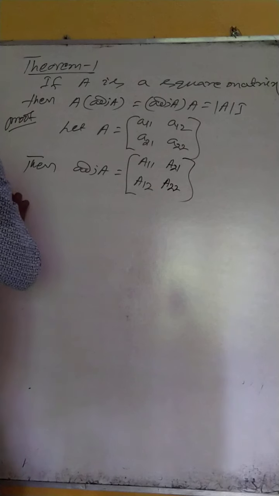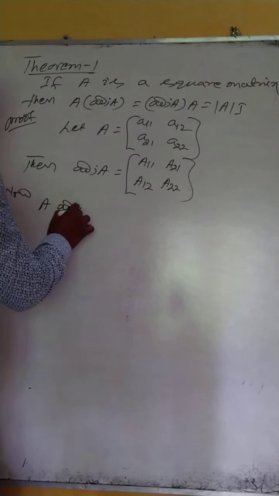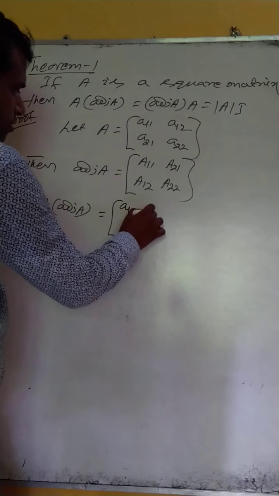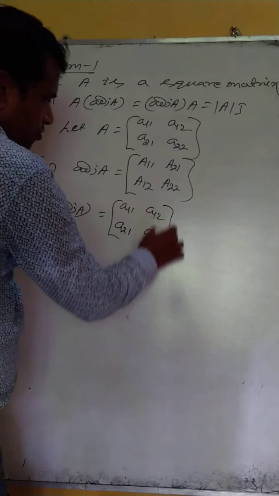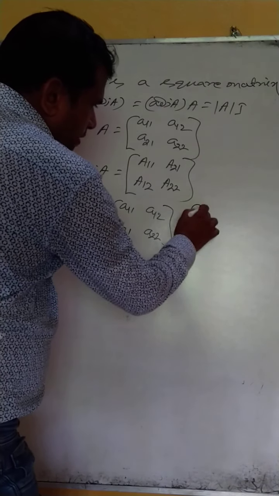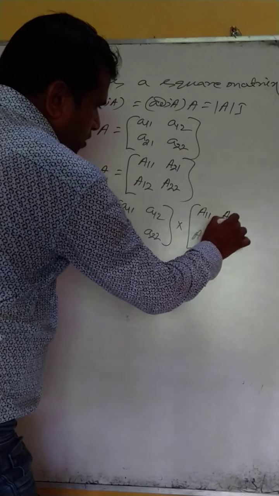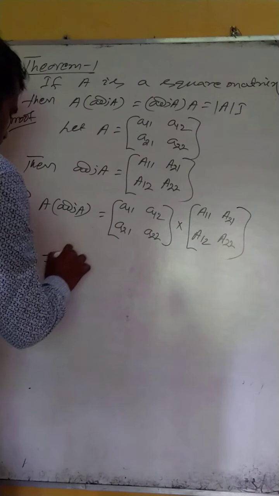Okay. Now A into adjoint A equals the matrix a11, a12, a21, a22 times capital A11, capital A12, capital A21, capital A22.